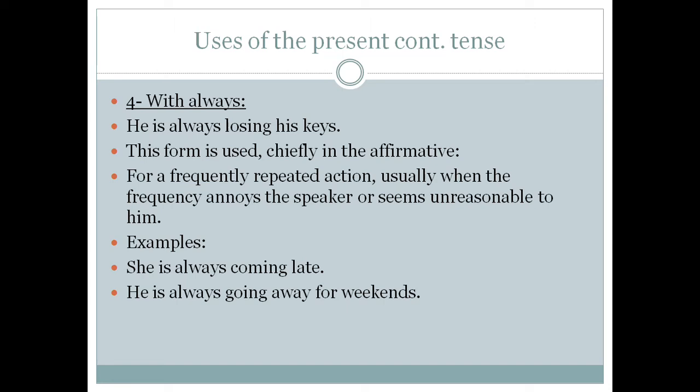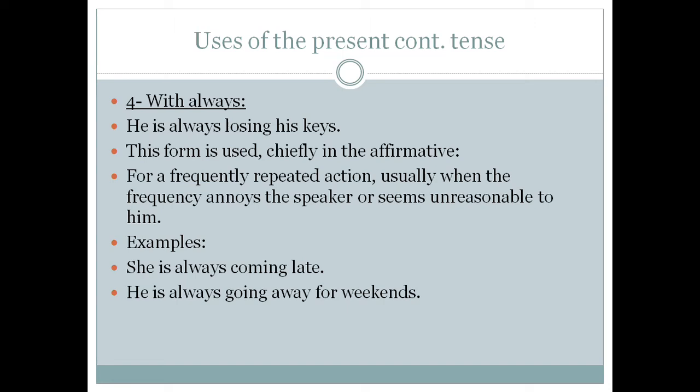This form is used chiefly in the affirmative, not negative, not interrogative, for a frequently repeated action, but usually when the frequency annoys the speaker or seems unreasonable to him.